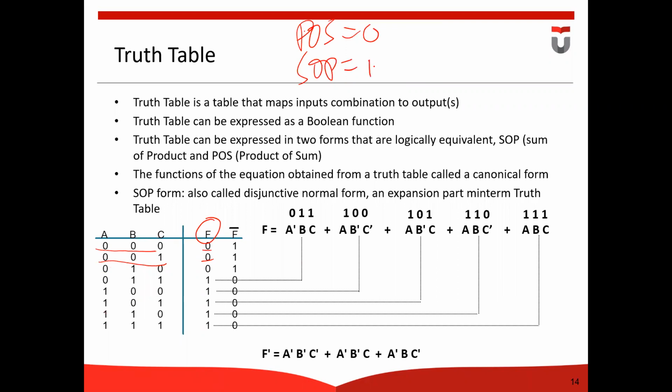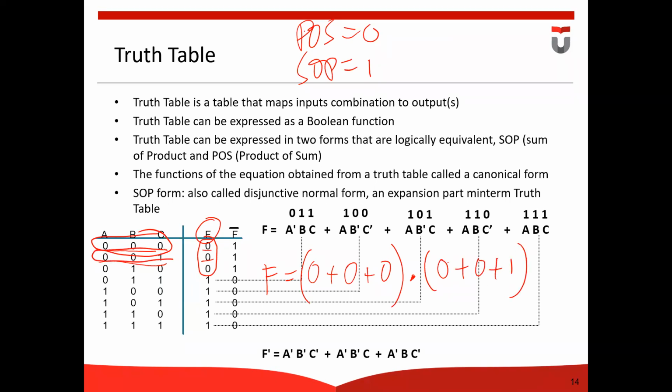Now let's find out where is the output of 0. This is the output when 0. So the function using POS is 0 plus 0 plus 0, the first combination, times second combination is 0 plus 0 plus 1. This is the second combination.